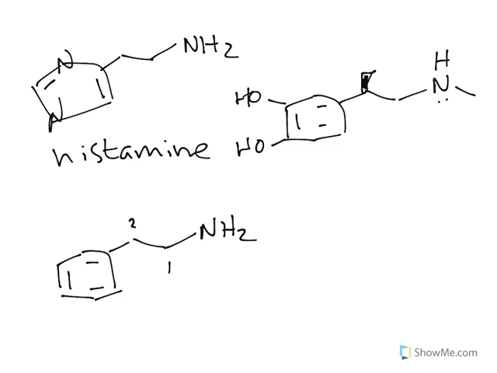But this is the molecule adrenaline, also called epinephrine. And as you can see, it's based off that 2-phenethylamine structure. Some other ones out there are, of course, methamphetamine or things like mescaline. There's a lot of really interesting neurotransmitters that are based off of this 2-phenethylamine.